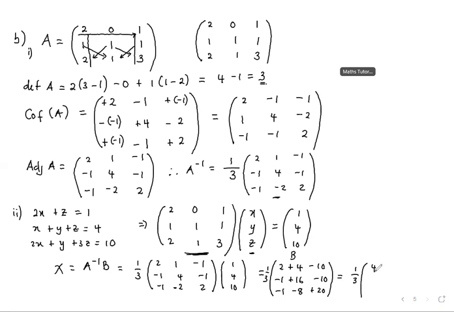And -11 plus 16, that is 5. And then -9 plus 20, that is 11. So x is equal to 4 over 3, y is equal to 5 over 3, z is equal to 11 over 3. That's how you find it using inverse.